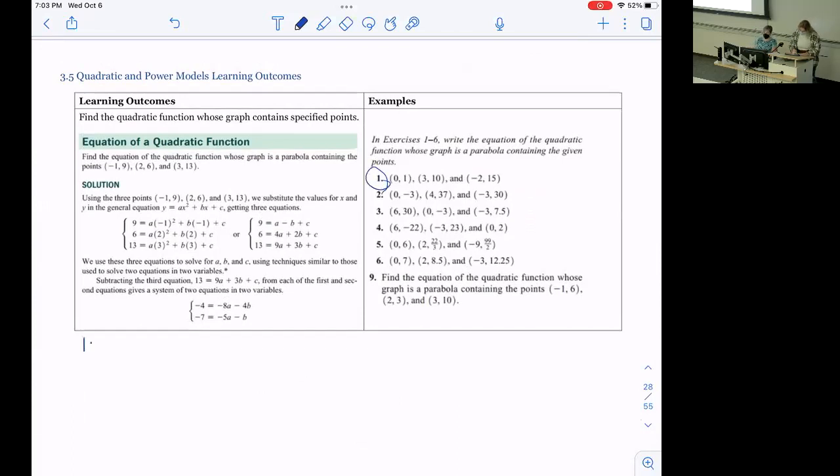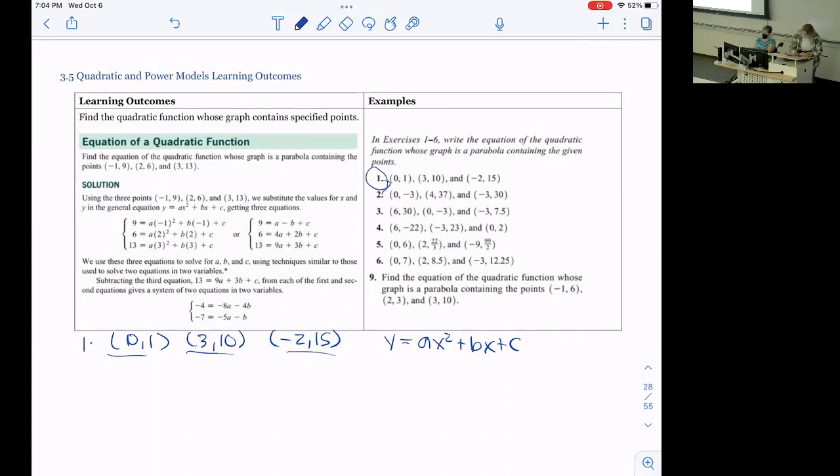Okay. Number 1, we're given 0, 1, 3, 10, -2, 15. So we know that the formula for a quadratic function is ax squared plus bx plus c. And using all 3 of these points, we can plug these into our formula until we can solve for a, b, and c.